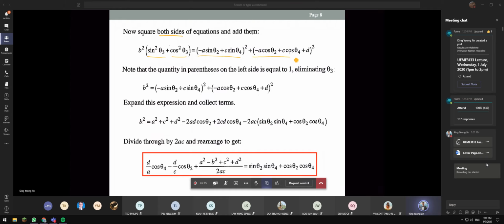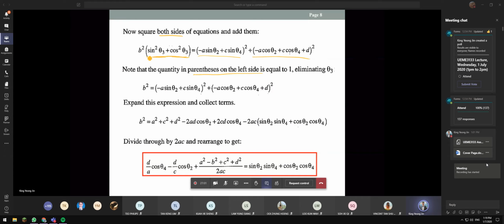The left hand side we also square and then add together. Note that the quantity in parentheses on the left side is equal to 1. So then we can eliminate theta 3. Do you understand this?